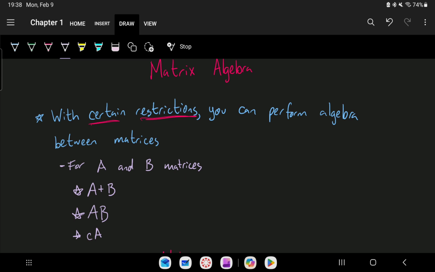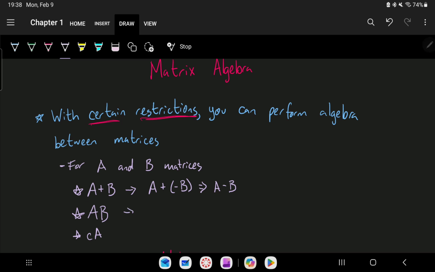Notice there are a couple exclusions here, right? Now we aren't looking at subtraction on this list, but we do have scalar multiplication and we have addition. So we could also say A plus negative B is essentially a subtraction. So subtraction is sort of within the purview, we just have to look at it a certain way.